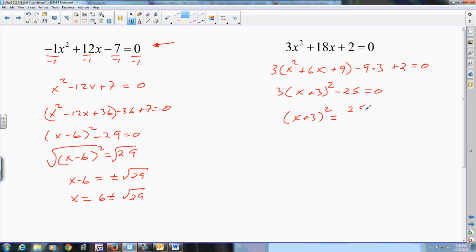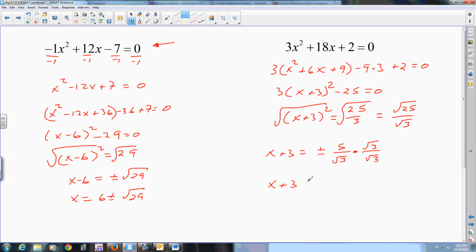I need to add the 25 over and divide by 3, so you get x plus 3 squared is equal to 25 thirds. Square root both sides, and like I did before, you can split the square root into 2 parts. So you get x plus 3 equals plus or minus, the square root of 25 is 5, over the square root of 3. And yep, you guys are going to have to rationalize that. So you multiply by the square root of 3.